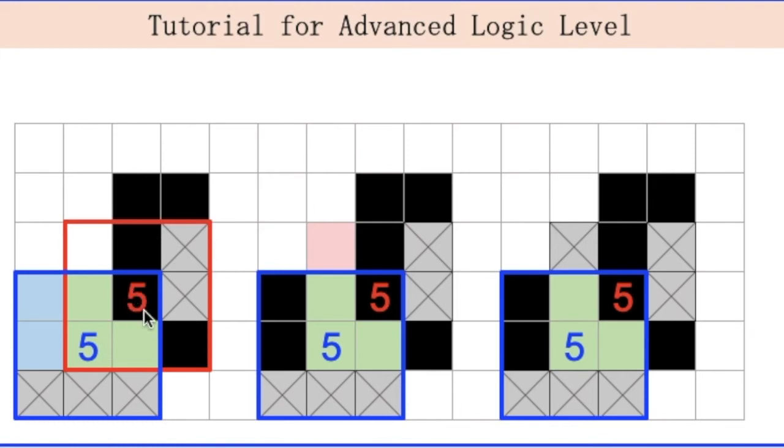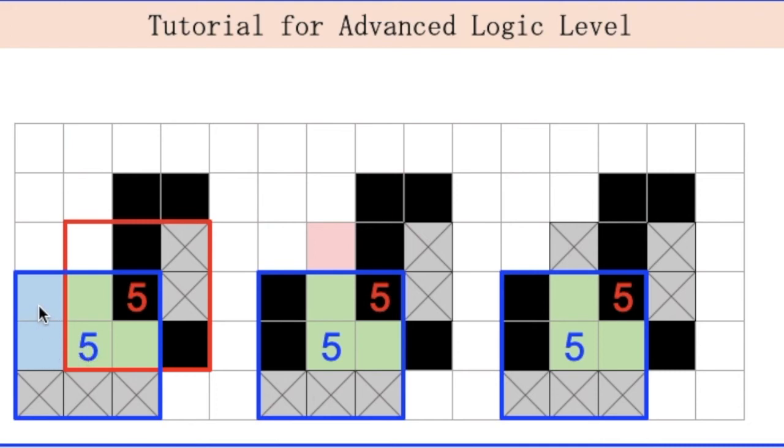So looking at the red, the initial condition, right? The 2 more black spaces we need to find to complete the red 5. Will the 2 black spaces land in this green overlapping area, right? So first thing we do is we're going to fill in the non-overlapping empty space of this 5.